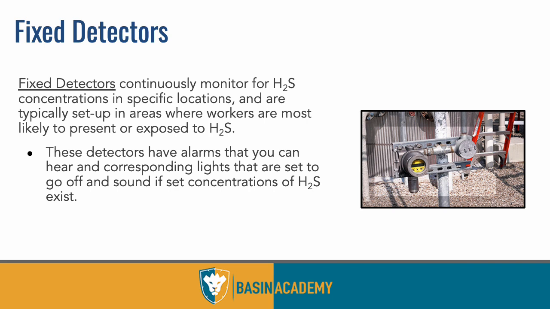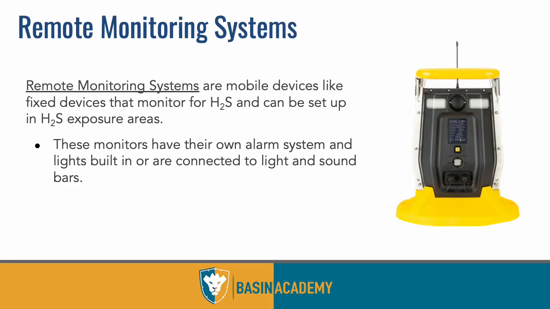There's also ones for LEL, letting us know if errant gas is floating around the site or facility. A lot of times these are set up to alarms and lights, so that if it detects gas, an alarm goes off, a light starts flashing, someone in a control room sees it and can communicate through the plant that, hey, there's H₂S in this area, wherever that monitor is.